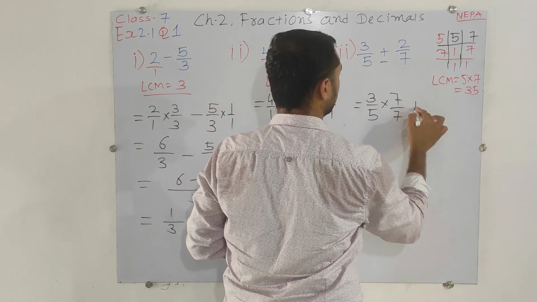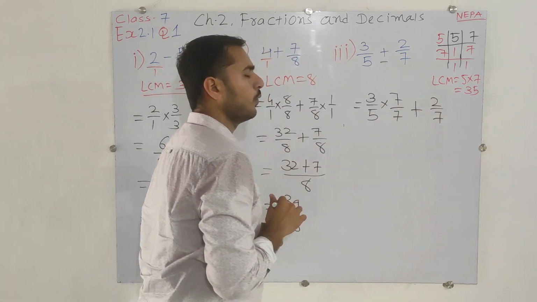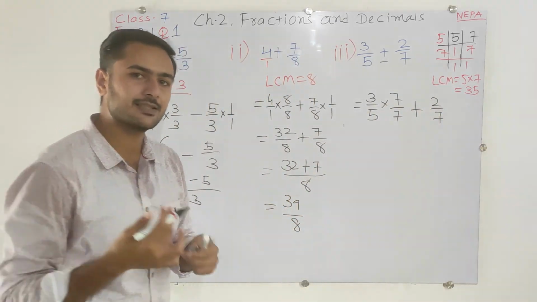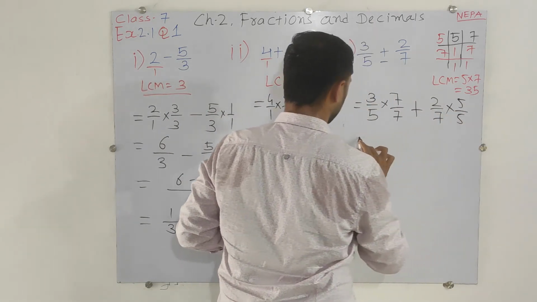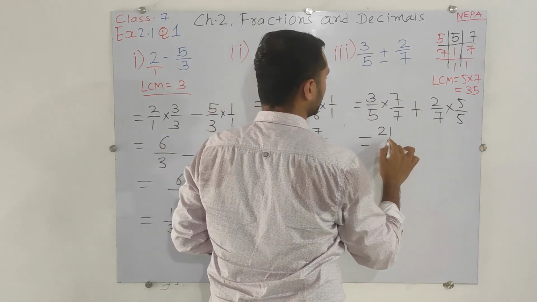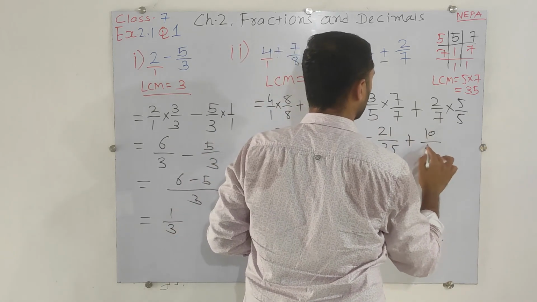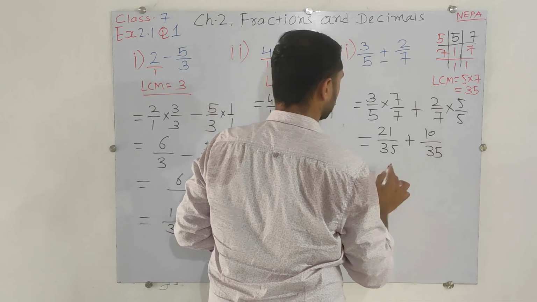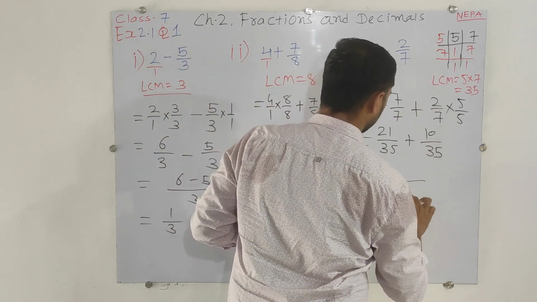Now addition sign, addition sign. Here 2 by 7 from here. Now what should I multiply with 7 to get the answer 35? That is 5. So multiply and divide with 5 only. Now 3 7s, that is 21. 35 plus 10 upon 35. Okay, denominators are the same. It means I can just write in this form like 35.